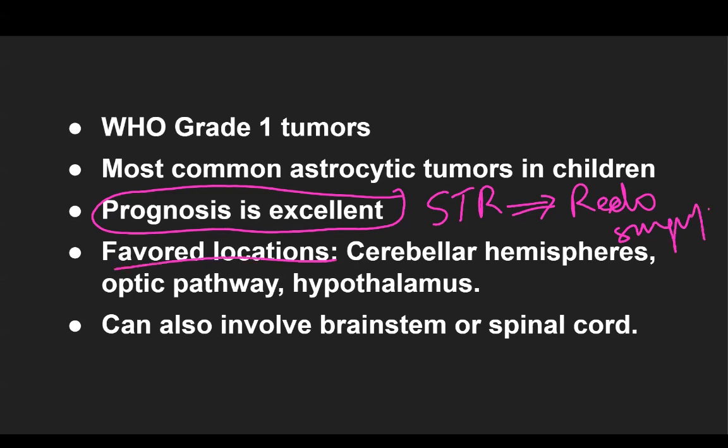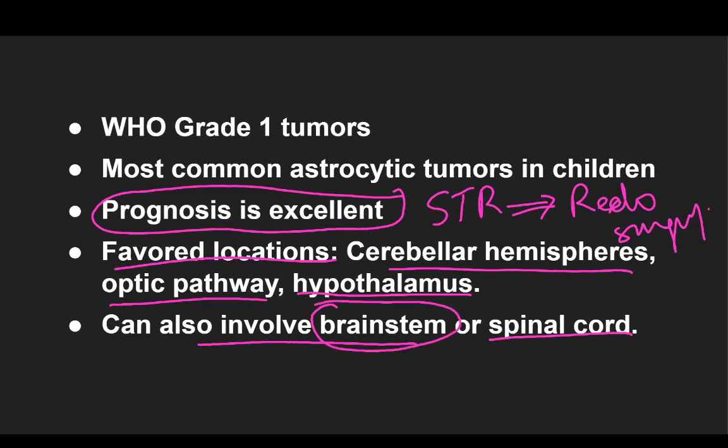Favored locations, cerebellar hemispheres, we all know that. Optic pathways, hypothalamus, can also involve brainstem or spinal cord. So, brainstem has these. Which subtype of brainstem gliomas is this one? Usually, DIPG.